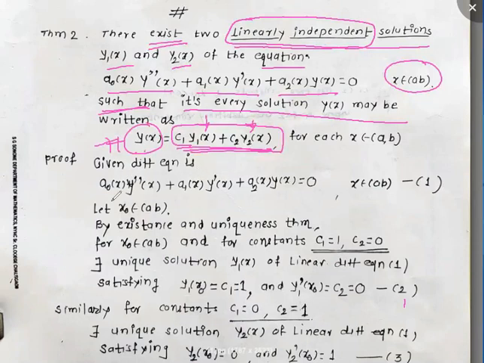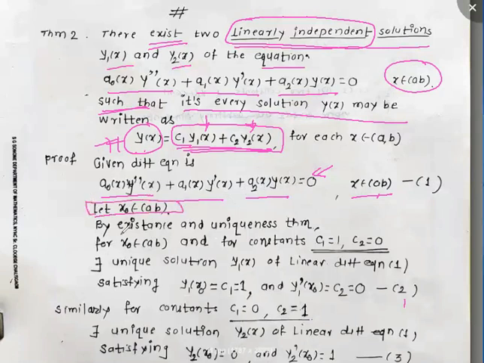The given differential equation is a0(x) y double dash(x) plus a1(x) y dash(x) plus a2(x) y(x), with right hand side 0, a second order linear differential equation, and x is taking values in this open interval a to b. Now let x0 be any point.